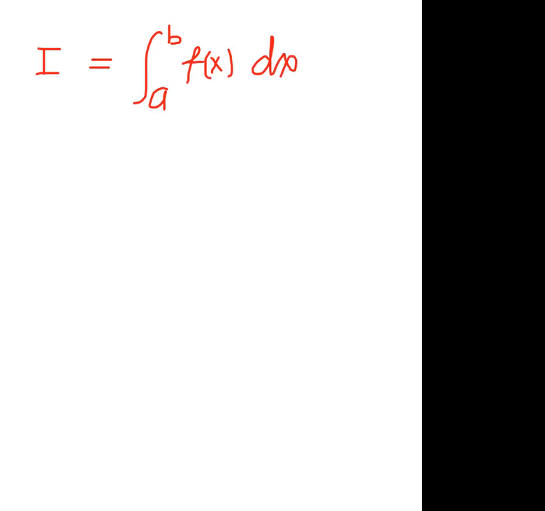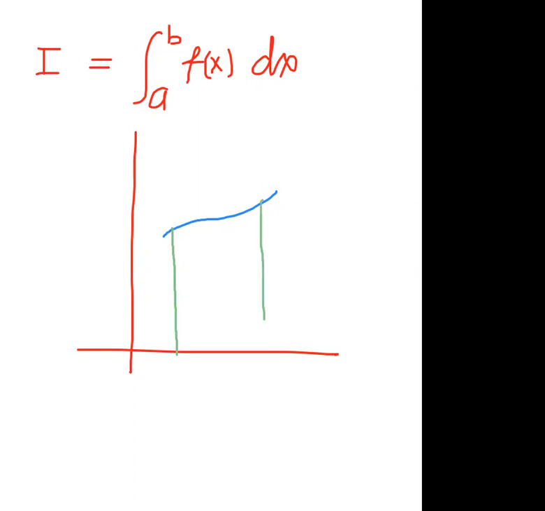What does it tell us, what is it exactly? So let us try to understand it with the help of a graph. Suppose f(x) has a graph like this, and we are going from the limit a to b. So a is this and b is this.